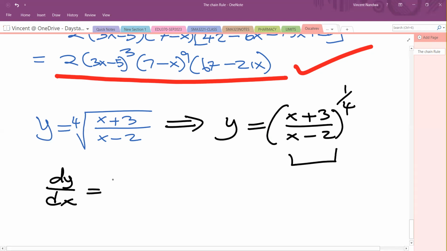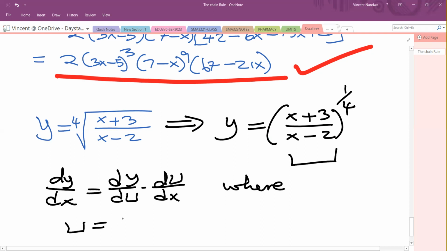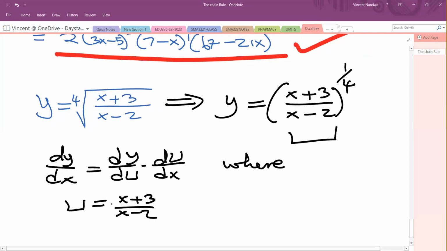So dy/dx is the same as dy/du times du/dx, okay? Where we let our u to be that bracket, x plus 3 over x minus 2. Okay? So kama this is u, then inamaanisha y inakupatia u power 1 over 4. Okay?